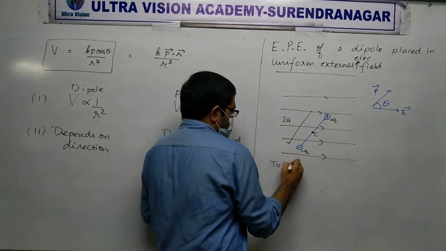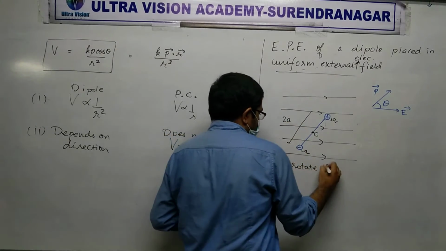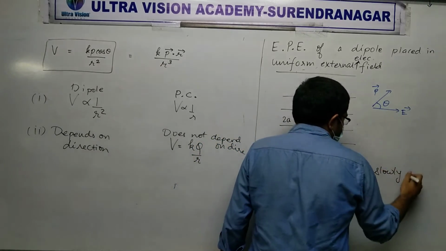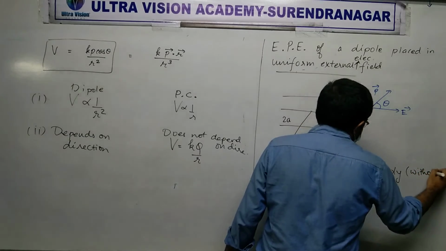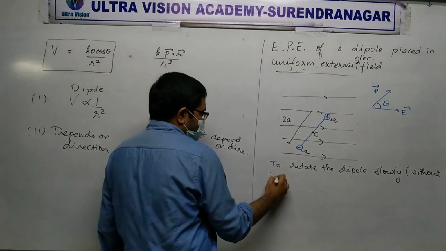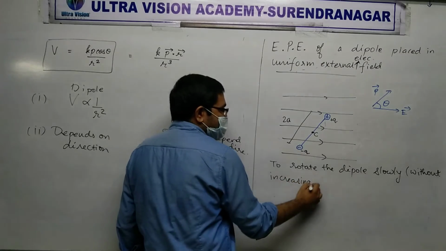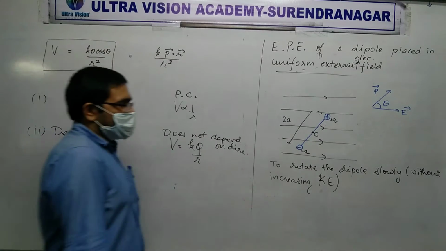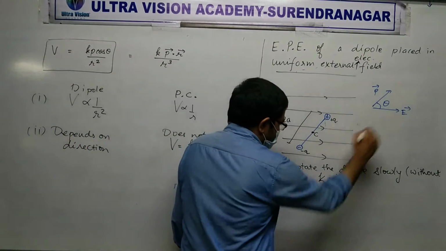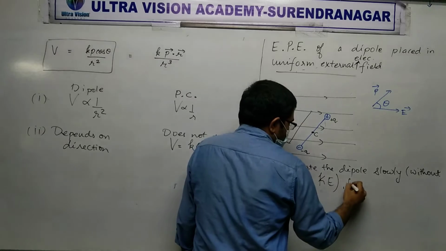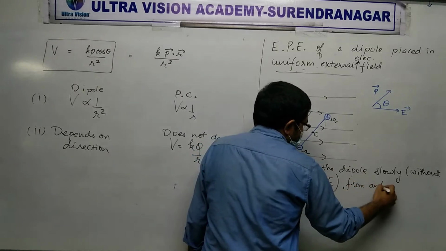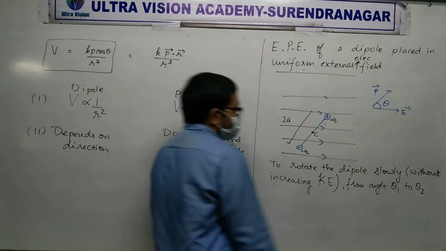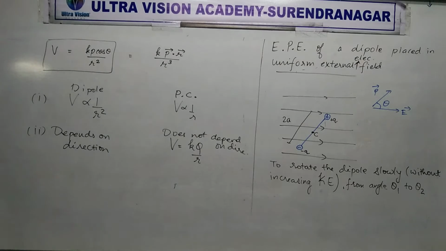So, to rotate the dipole slowly, that is without increasing kinetic energy, from angle theta 1 to theta 2.